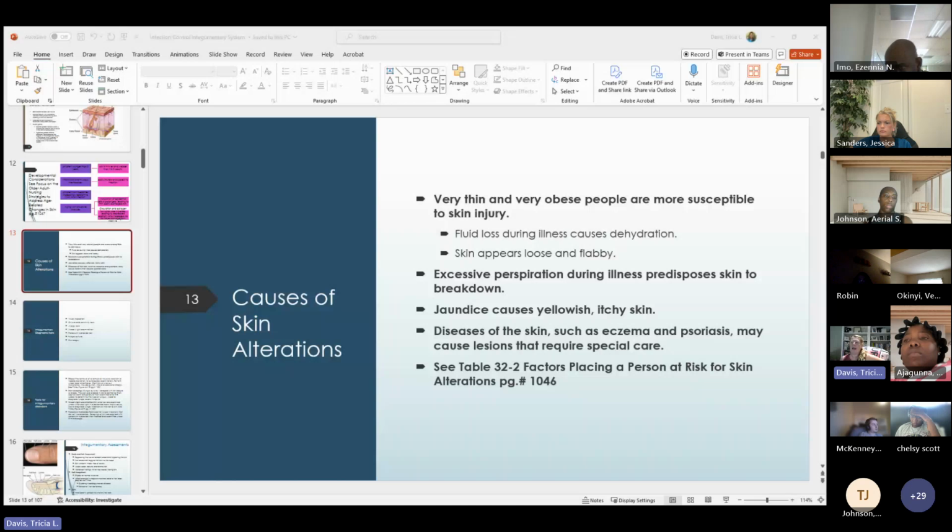So we have to be very on top of recognizing that fever, giving them analgesics to take care of that fever, and making sure we're being mindful about bathing the patient, changing their gown, changing their linens, and things like that. Another issue that we can see is jaundice, because jaundice with any type of liver issue can cause skin not only to yellow, but it becomes very, very itchy as well.